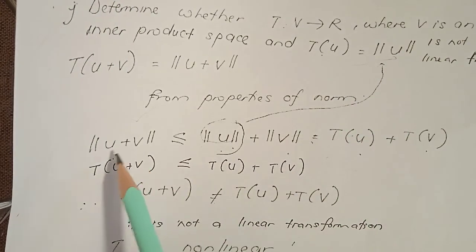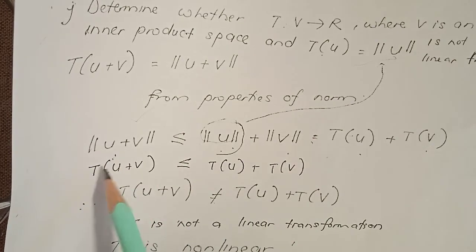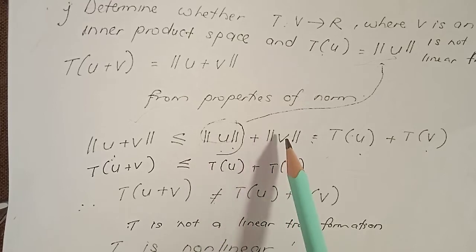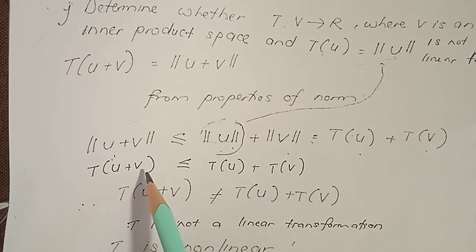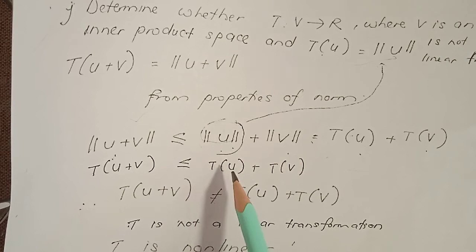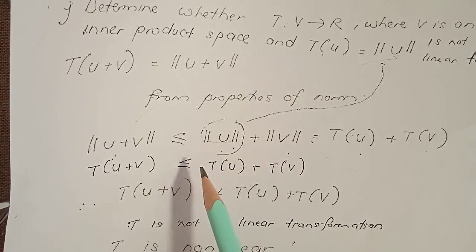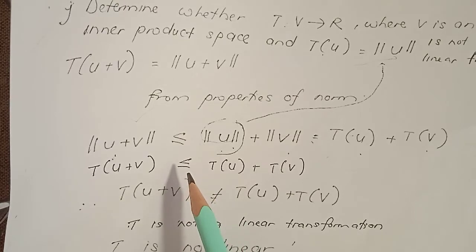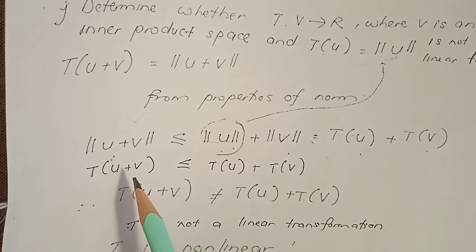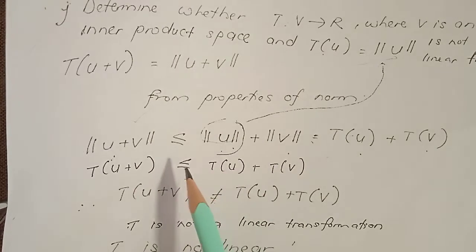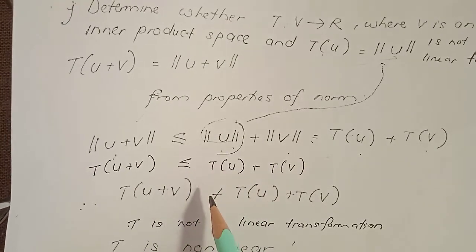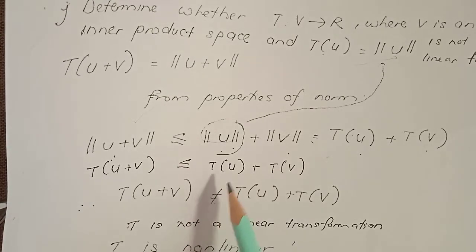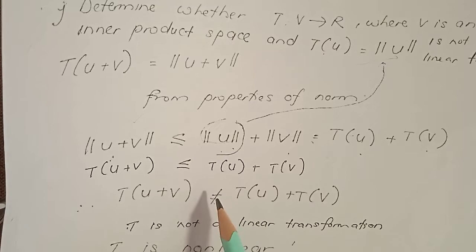This is T of u plus v, and this is T of u, and this is T of v. Therefore, T of u plus v is less than or equal to T of u plus T of v. Since this is less than or equal, not equal, and the criteria require that the left must equal the right, we have the unequal sign.